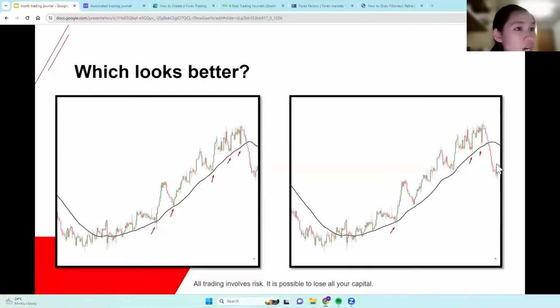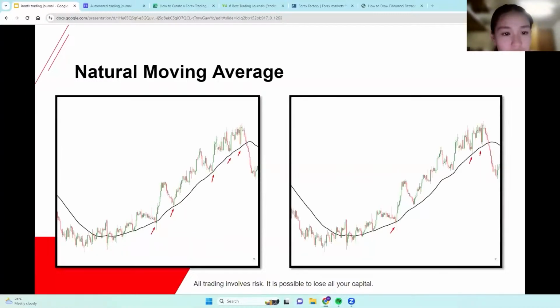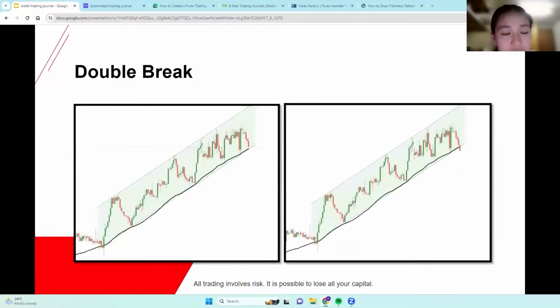Okay, so when you are deciding which settings to use for your moving averages, try and make sure that it touches the bottom or the top of the price as much as possible. Same for natural moving averages. And a double break is basically when price breaks below the moving average as well as your trend channel.